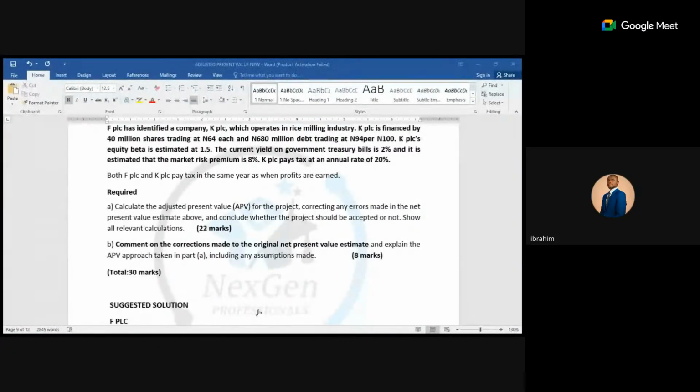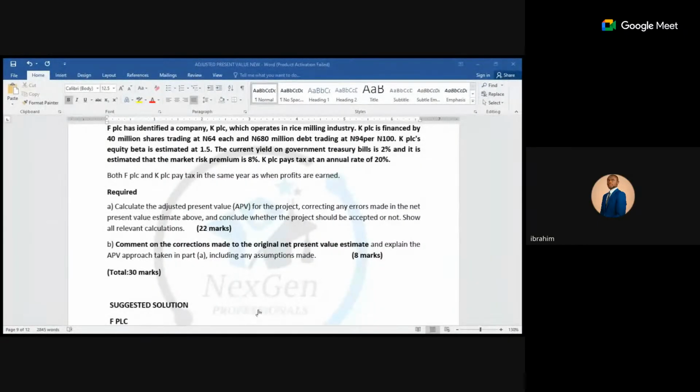Talk about the interest. Interest is not allowed under the base case MPV. What they're supposed to use to discount is the cost of capital of the ungeared company. They use 7%.